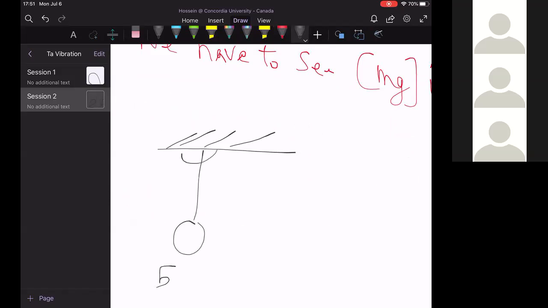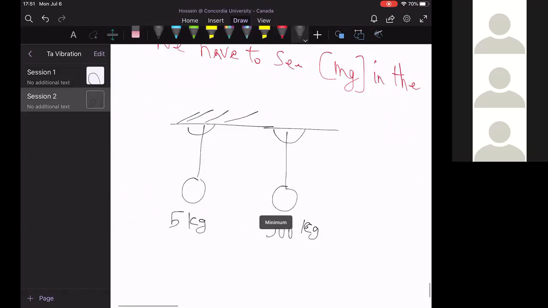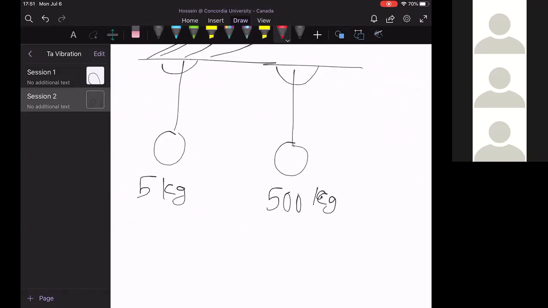If it is 5 kilogram or it is 500 kilogram, the static equilibrium position will not change, just here. For both cases, it is here.